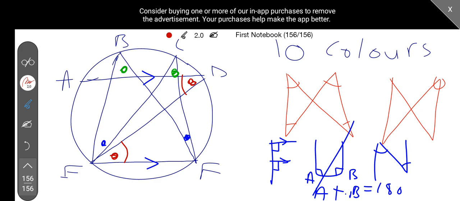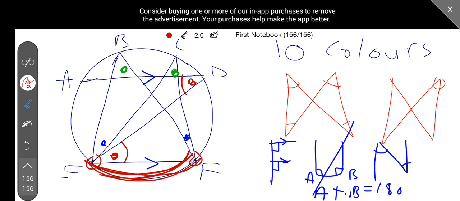Because in this case, if they ask you which angle is equal to B, you know that B is in green, and you're going to look for something that is in green again, and that is C. Therefore, B and C are equal because they are both green. But don't give a reason by saying they are both green. No, they are subtended by the same arc, which is arc EF.